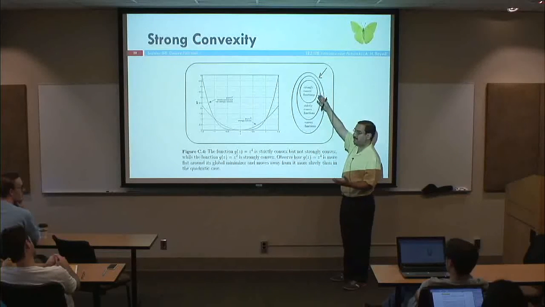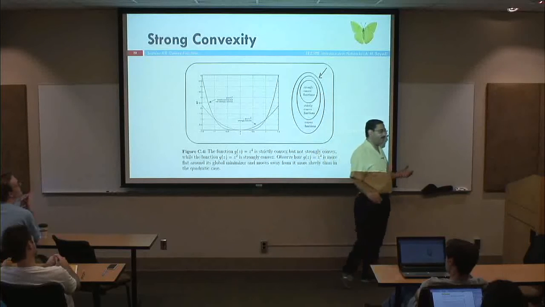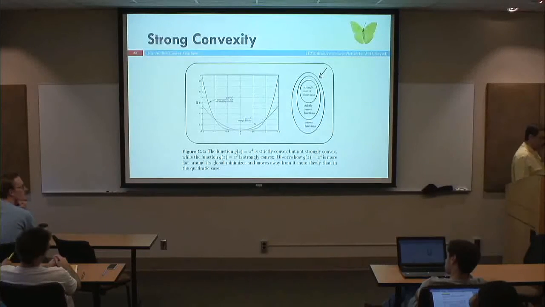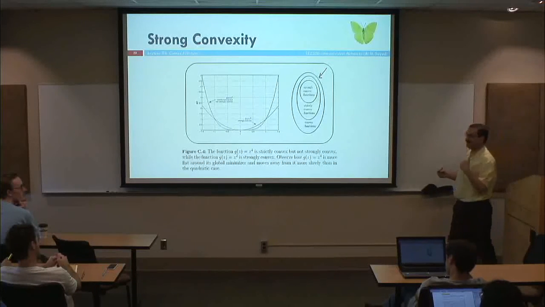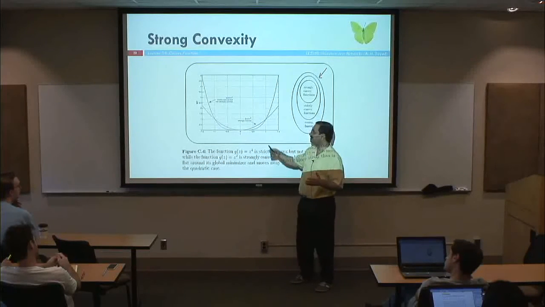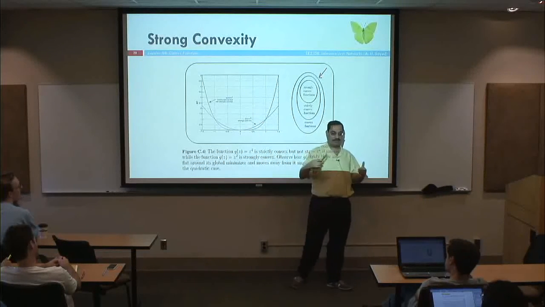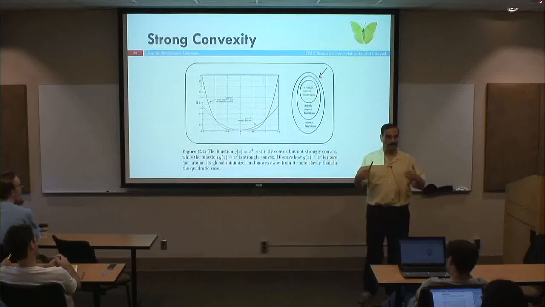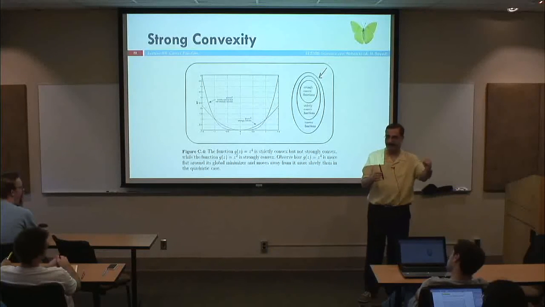Here on the left, I have a plot of two functions, z squared and z to the 4. I claimed to you that z squared is strongly convex, and z to the 4 is strictly convex but not strongly convex. How do you prove it? Just go back to the definition. You have to do this small calculation to convince yourself.